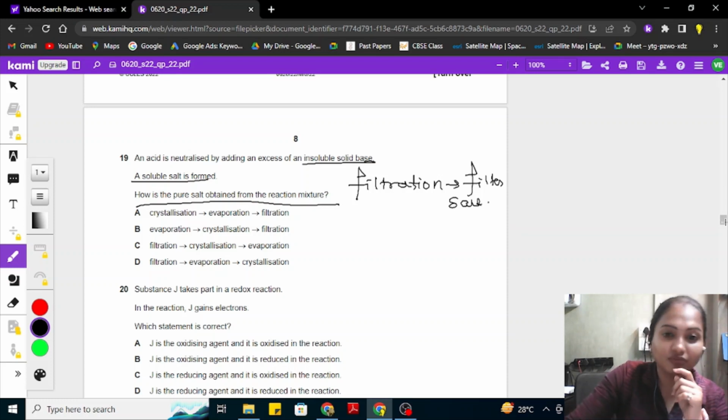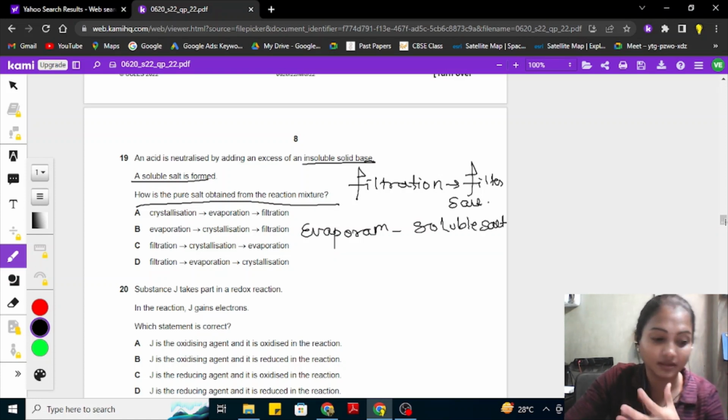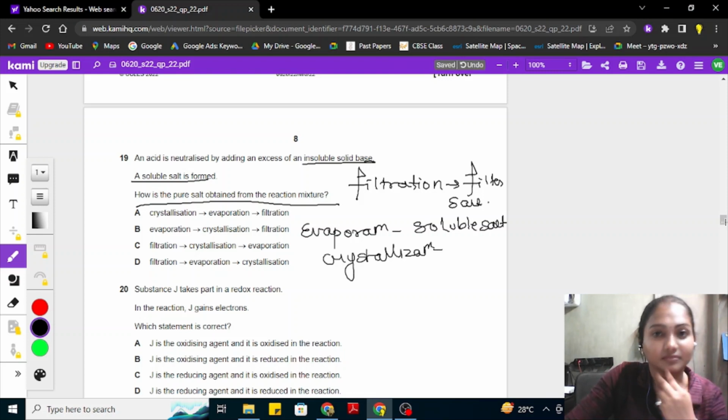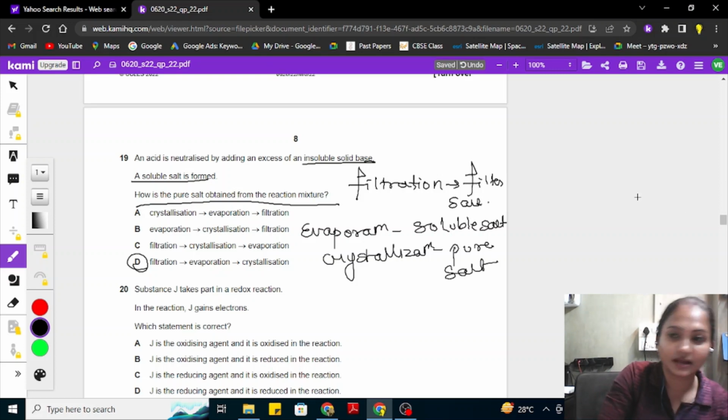Now we also have to evaporate the solution of the soluble salt, and then do crystallization, then we will get the pure salt. So which step is correct here? Filtration. Option D for us is correct.